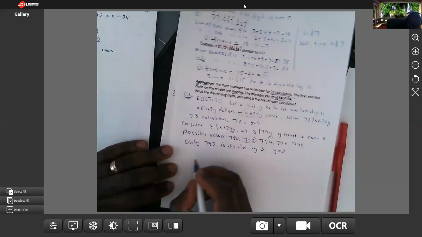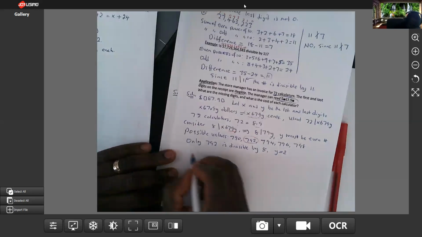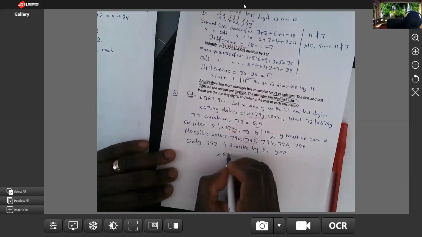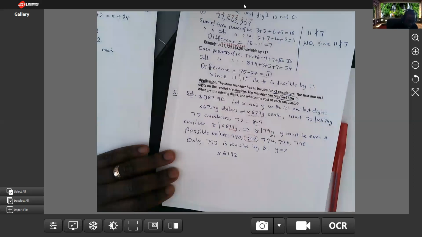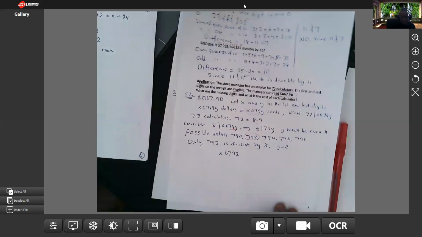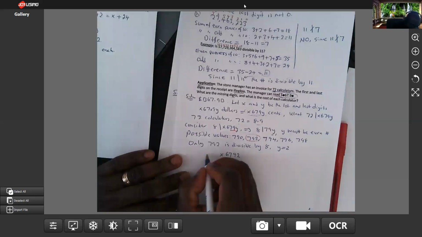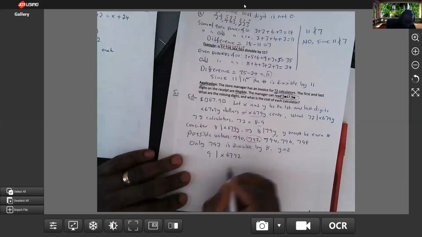So now the number becomes X6792. Now we need to figure out what the first digit is. Now 9 must divide that number.